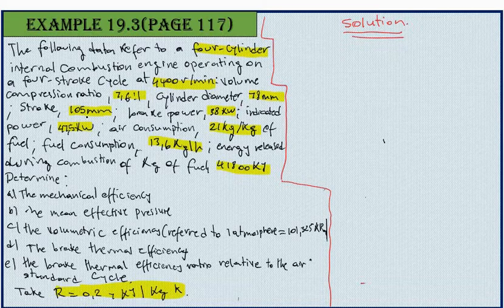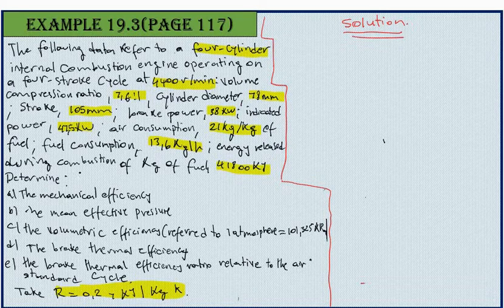Stroke 105 millimeter. Brake power 38 kilowatts. Indicated power 47.5 kilowatts. Air consumption 21 kilogram per kilogram of fuel. Fuel consumption 13.6 kilogram per hour.